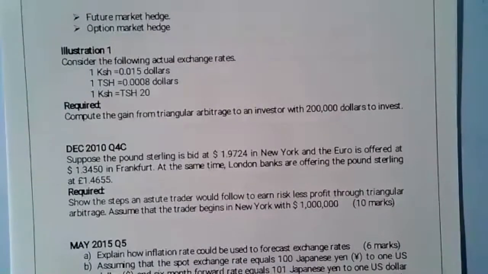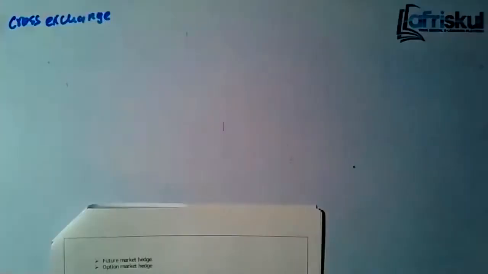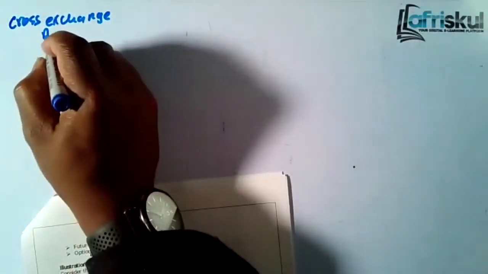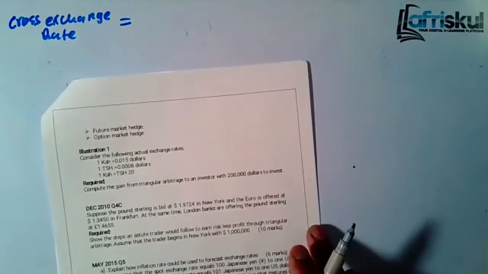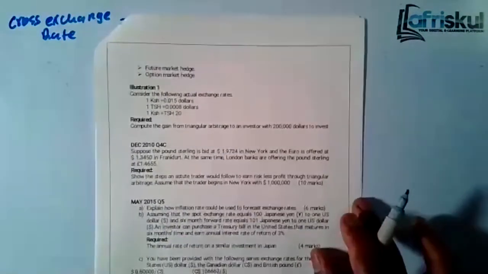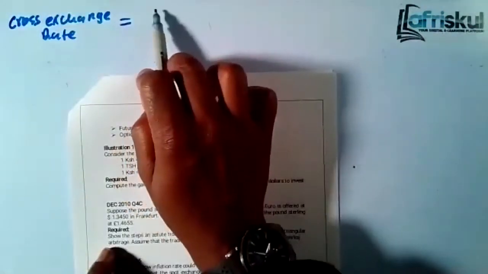Remember, first of all you need to get the cross exchange rate. We have said that you take the value of currency A in dollars and divide by the value of currency B in dollars. What will determine the numerator and denominator?